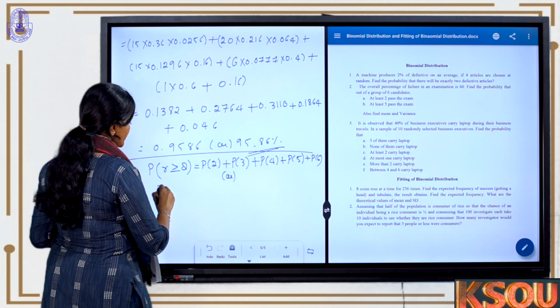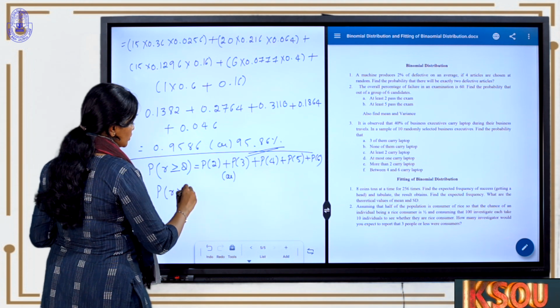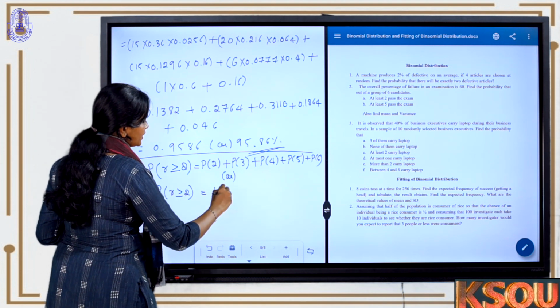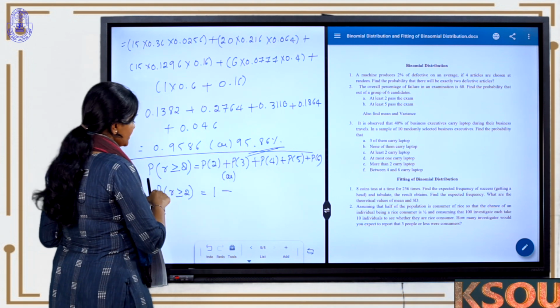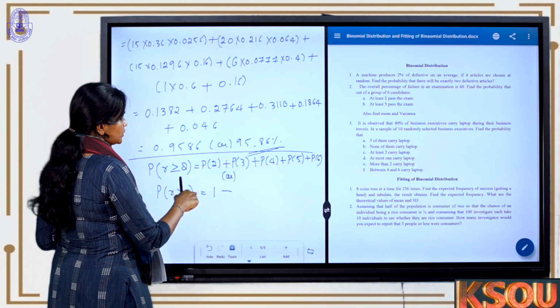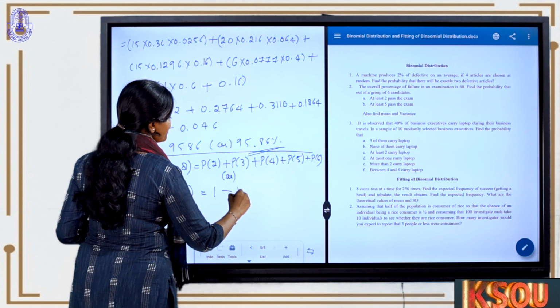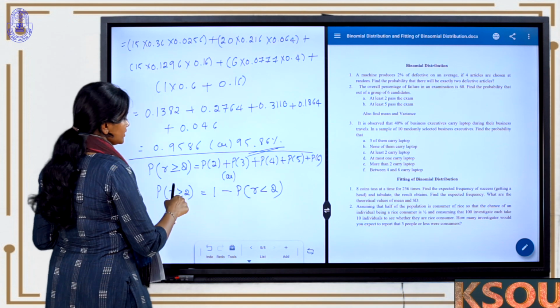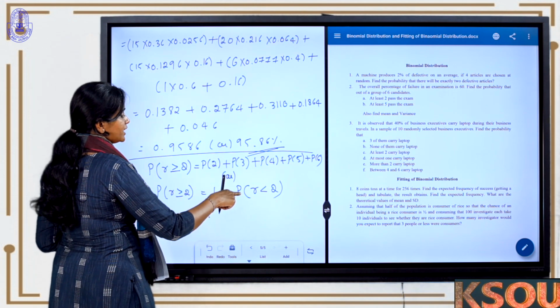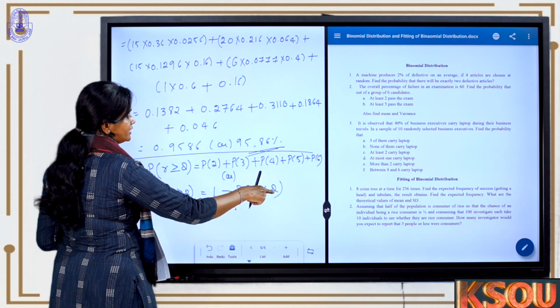See, if you want to calculate at least 2, then it should be 1 minus the opposite of this. That is, P of R greater than or equal to 2 is equal to 1 minus P of R less than 2. So in this case, take 1 minus P of R less than 2.